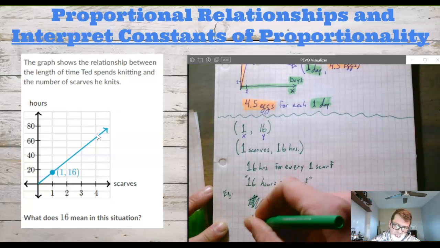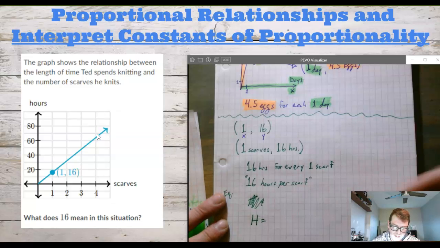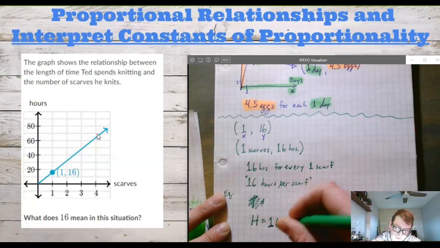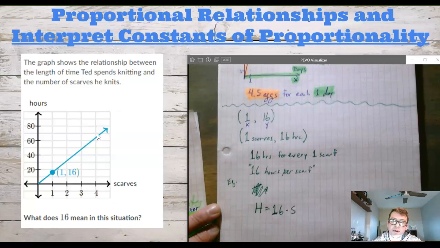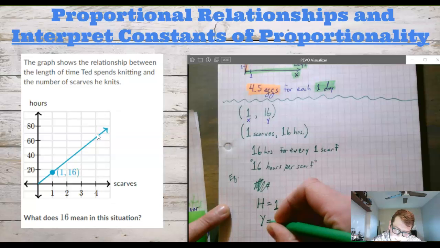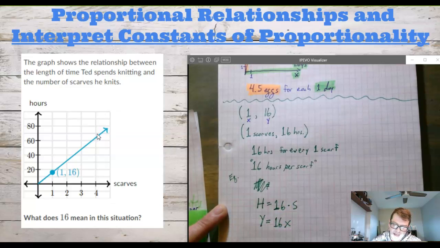If we want to say the hours it takes, if we want to use a big H instead of a big T, the hours it takes is what? What should H be equal to? 16 times what? 4. Yeah, or just S, the number of scarves that we're going to make. So what this equation actually is, Y equals 16X.